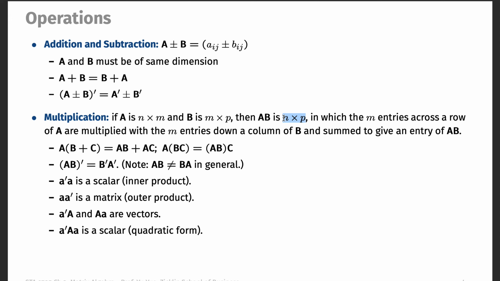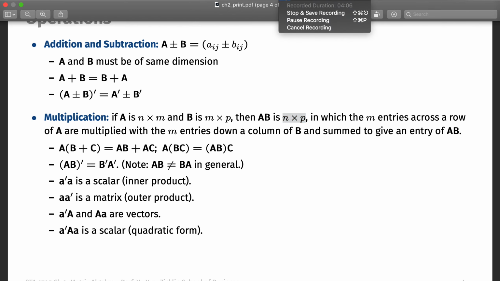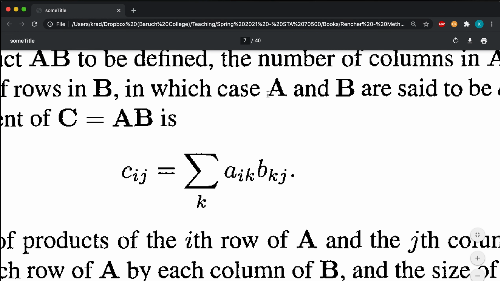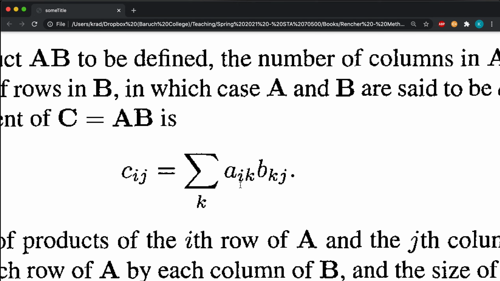How so? If C is the product of A and B, then the entry in the ith row and jth column of C is the summation of the multiplication of the elements in A and B. The summation is defined in this form.